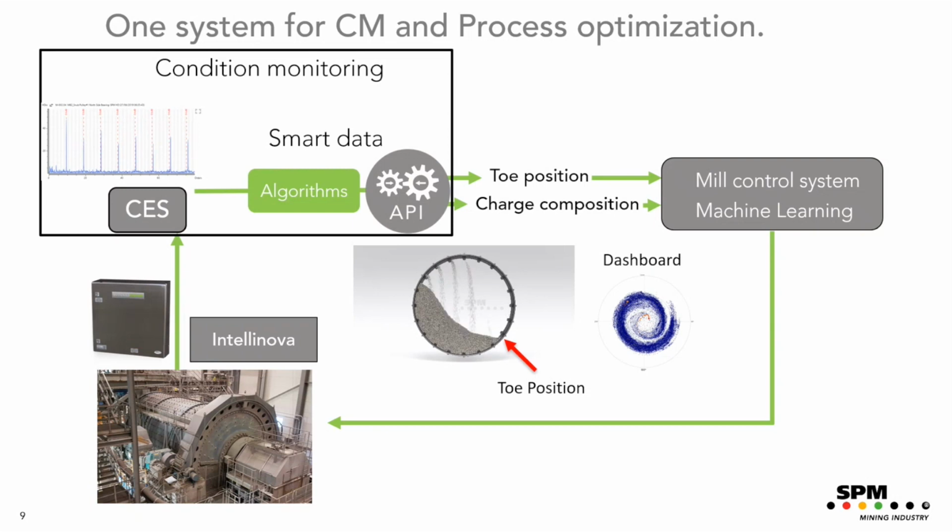And then we have a dashboard that the operators can look at, so they can identify a sweet spot where the toe position should be. So that is a short introduction and an overview of how we use our online system, both for condition monitoring and process optimization.